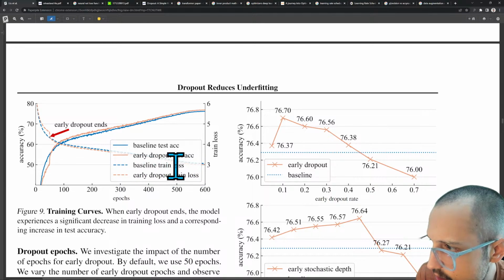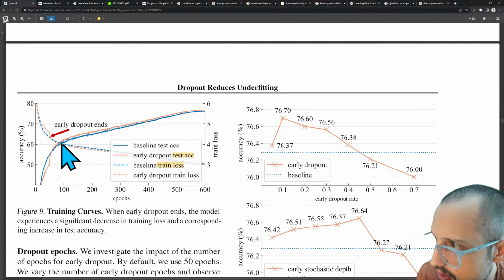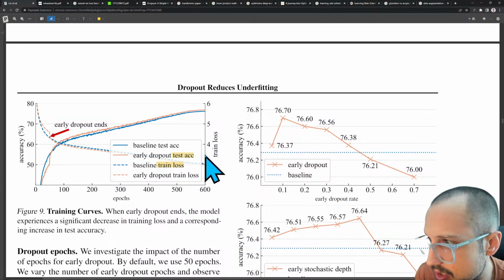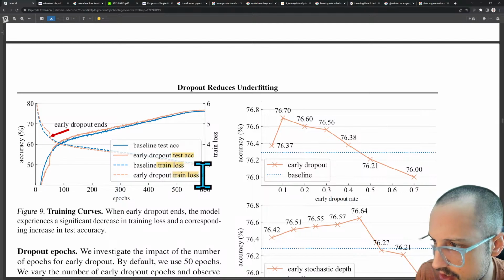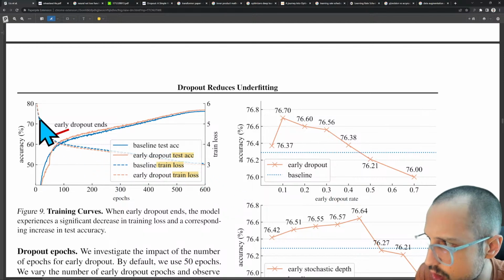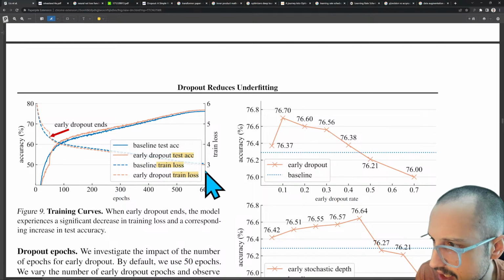So this is how good you're performing on your actual training data set, and this is how good you're performing on the test data set. So test accuracy, you want it to get better over time. That's what this is, right? And this is actually your real metric. This is what you really want to be improving. Train loss is simply just how good your model is getting at kind of fitting to the training data set, right? You want the loss to decrease, but it is not necessarily indicative of a good test accuracy.